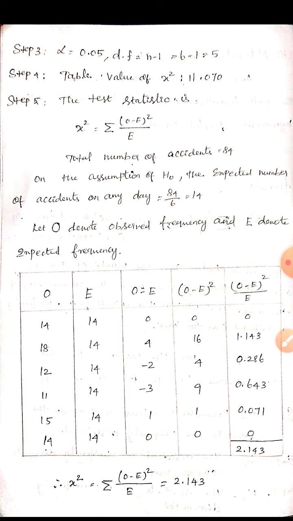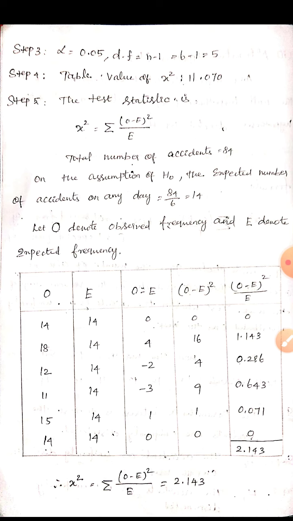Let O denote the observed frequency and E denote the expected frequency. The observed frequencies are the given data: 14, 18, 12, 11, 15, 14. The expected frequency, found from the mean, is 14 for all the data. Substitute here. The next column is O minus E, observed minus expected frequency. The fourth column is (O minus E) whole square.